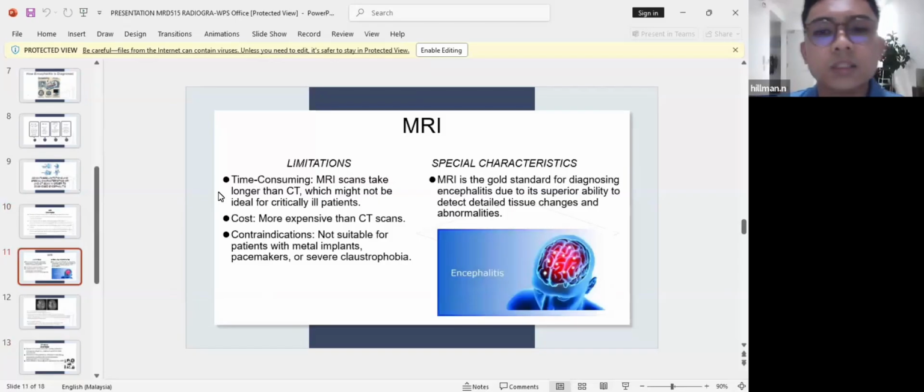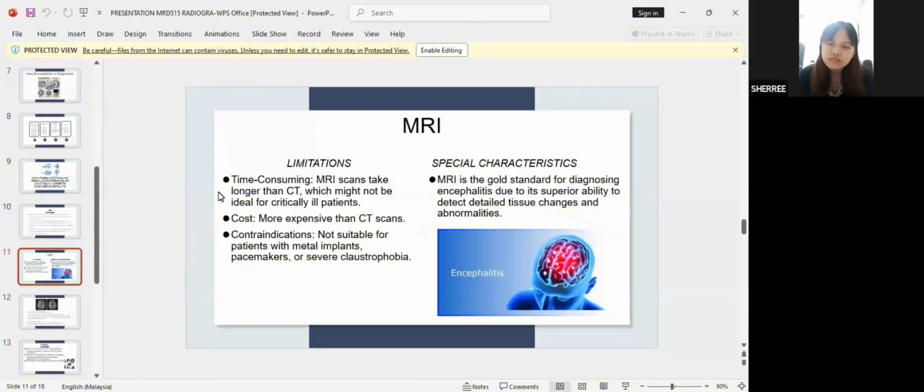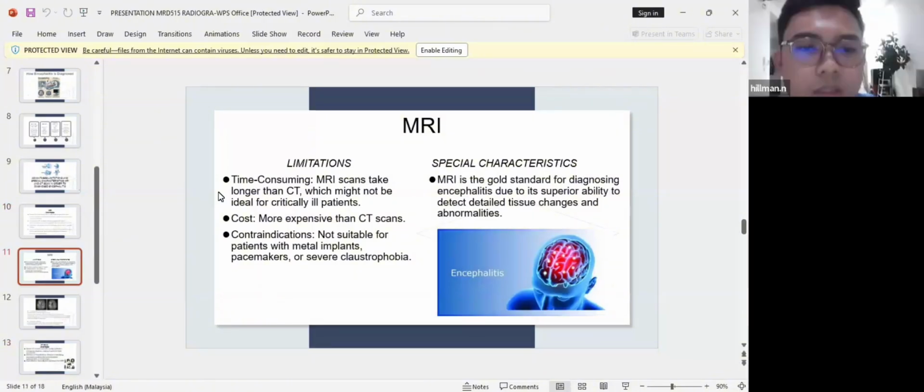However, there are limitations for using this imaging. It is time consuming because it takes longer than a CT scan, which might not be ideal for critically ill patients. And it is more expensive than CT scans.